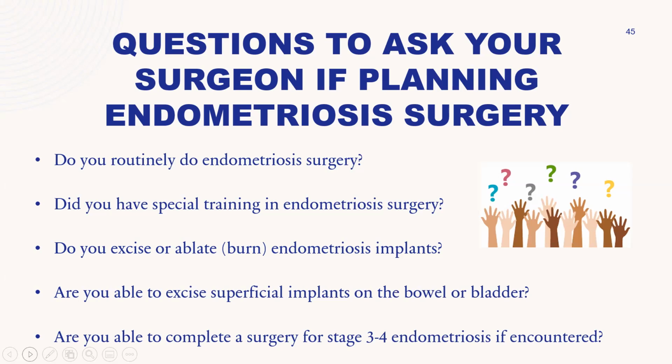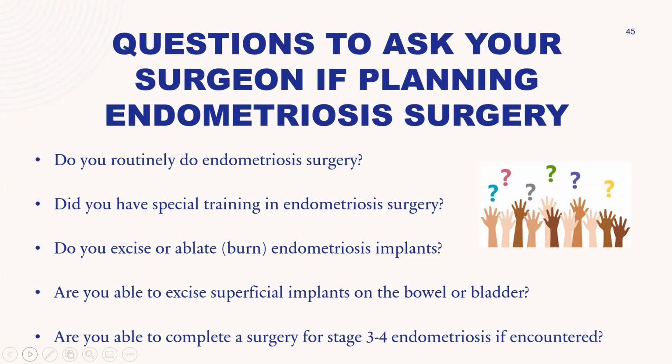The next one is addressing the excision versus ablation. A lot of patients are starting to understand this issue. Excision seems to be better for endometriosis. You want to remove the implant. The implant has roots. It's like my mentor used to tell me, it's like the carrot top, right? So burning the implant will leave some roots that leads to higher recurrence.